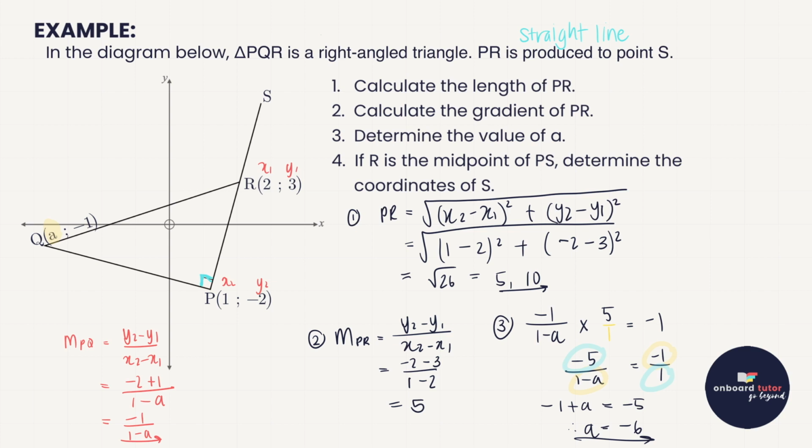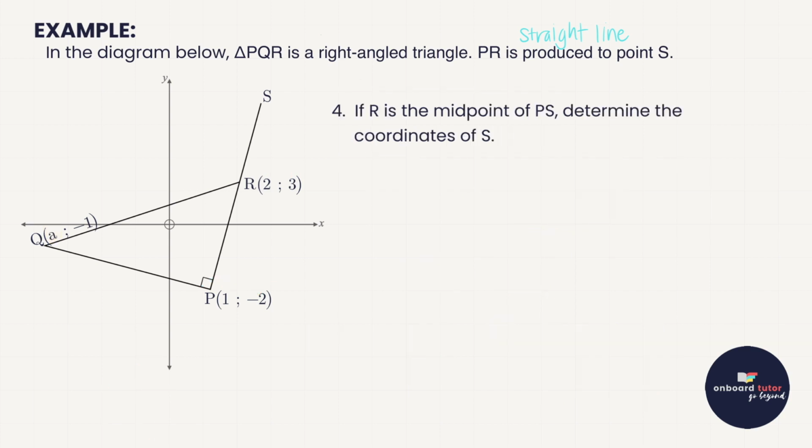Okay, let's go to a new slide there to tackle question 4. It says there, if R is the midpoint of PS, determine the coordinates of S. In other words, we want to know what's happening here. Okay, well, midpoint is not too bad, especially when we're working it out, but since they've given it to us, we are going to apply a very similar approach, and we're going to say, well, according to my midpoint formula, let's quickly color code.